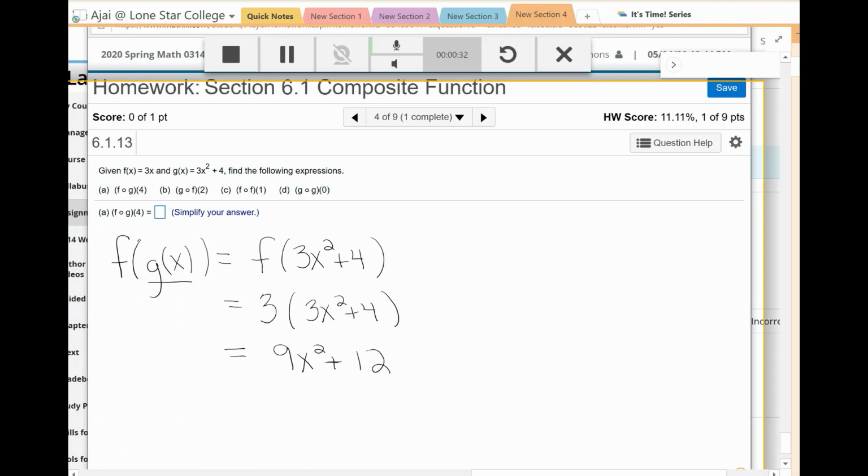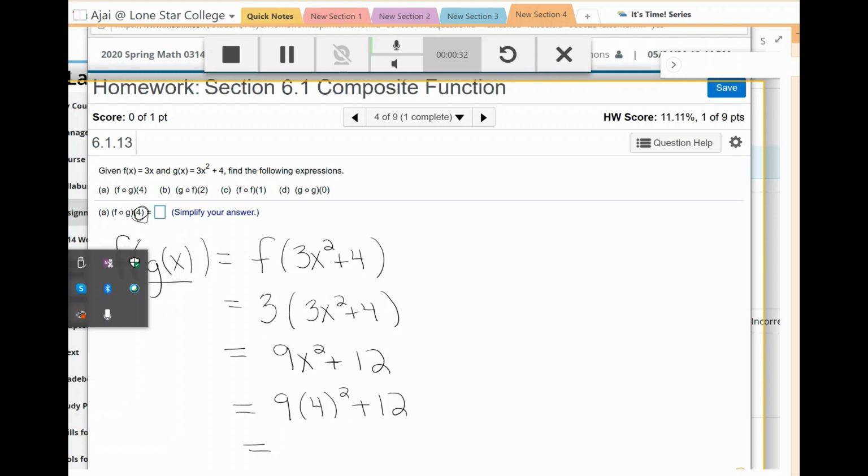And so that will be your answer if you were just trying to find the composition, but they're actually telling you that the x value is equal to 4. So in place of all of the x's, I'm going to put a 4, and then that's going to give me my answer. So that will be 16 times 9 plus 12.